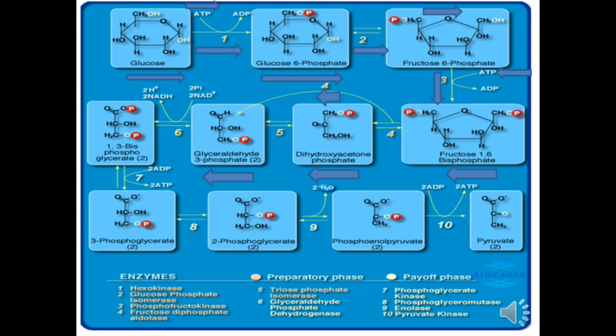It works in two directions. Glyceraldehyde 3-phosphate and dihydroxyacetone phosphate are at equilibrium. They are interconverted into each other by an enzyme known as triose phosphate isomerase. Glyceraldehyde 3-phosphate is removed as soon as it is formed to be used in the next step.